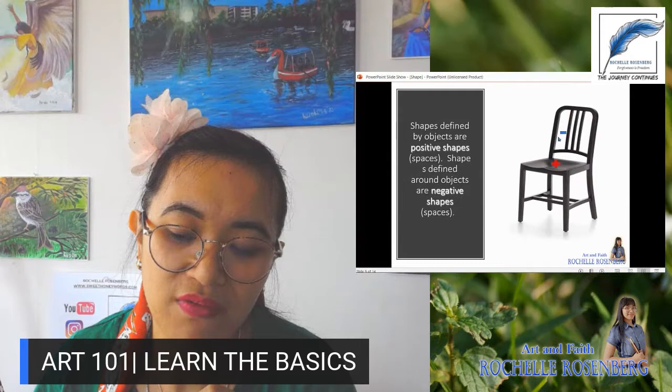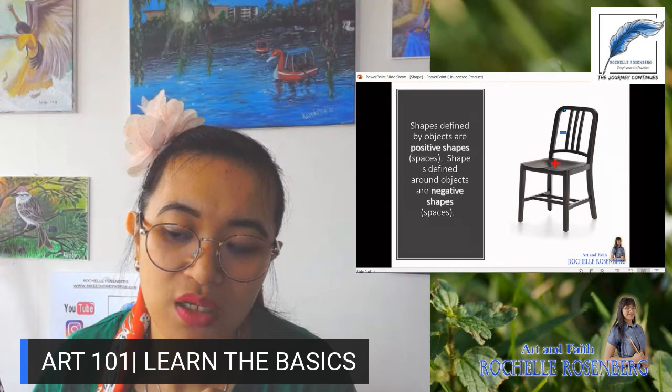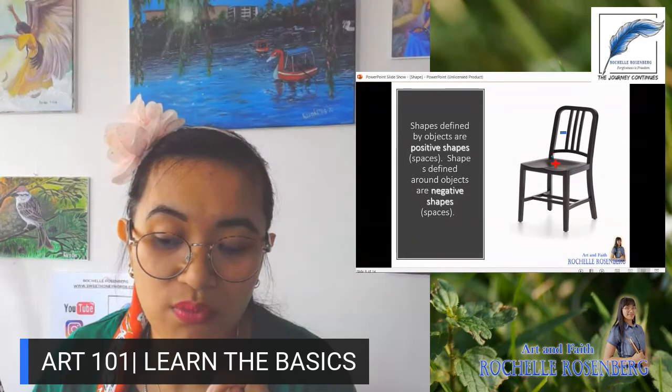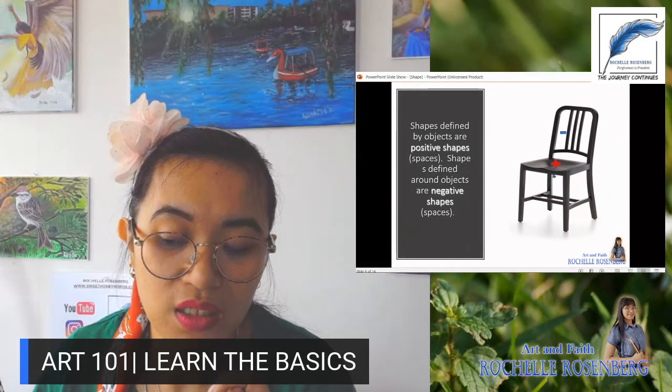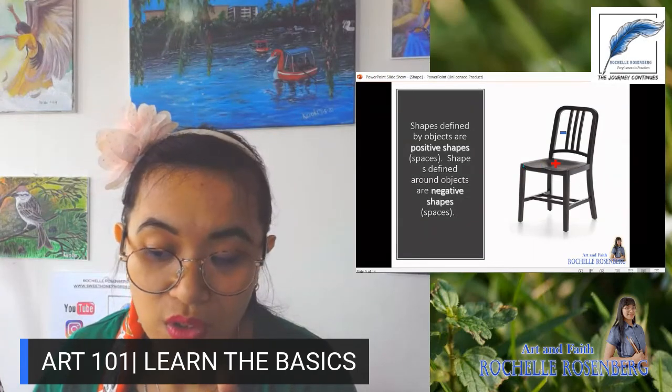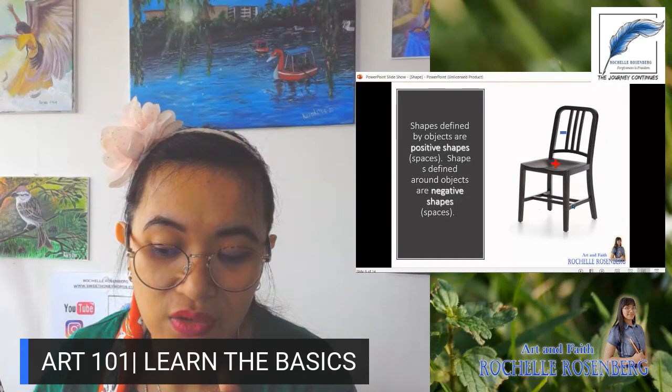The positive shapes are the lines and forms that make up the chair, because if you remove all of these lines, it will not create a chair. So they are the lines that create shapes.